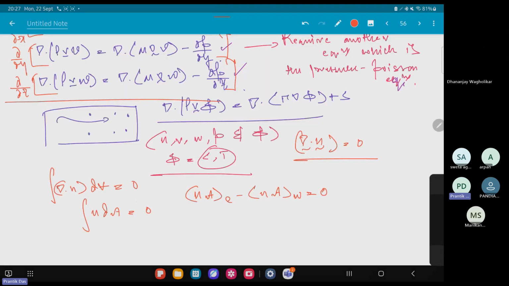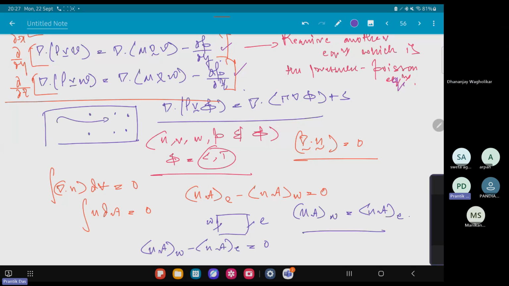For example, with a tile like this, the value of uA at the east face is equal to the value of uA at the west face.